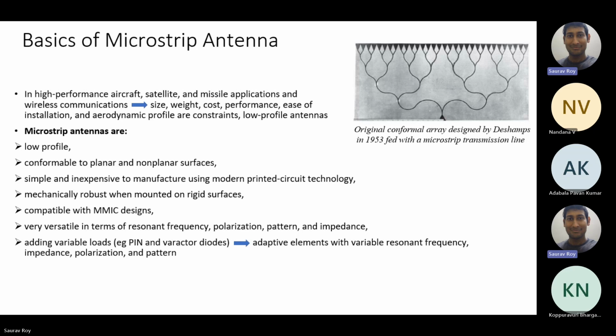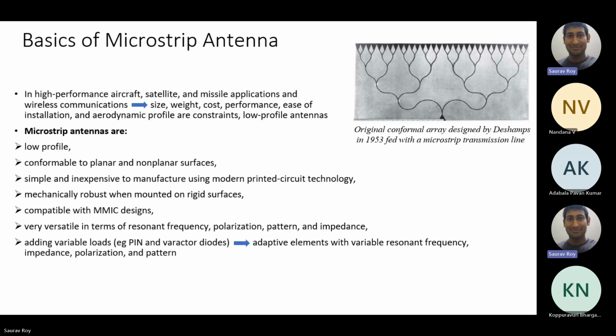It has a low profile and is conformal to planar and non-planar surfaces. It is planar obviously by structure, and it can be conformal to non-planar surfaces because of some substrates, like one I remember called Taconic. If you design a microstrip antenna on that, it can even be folded, right?